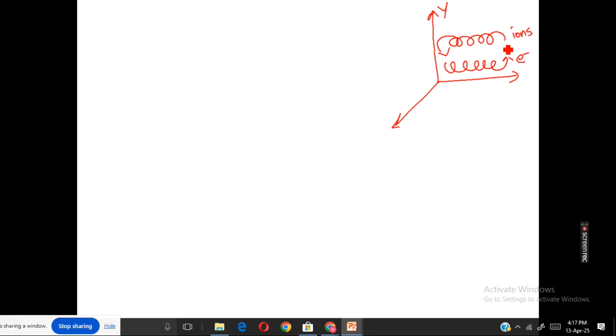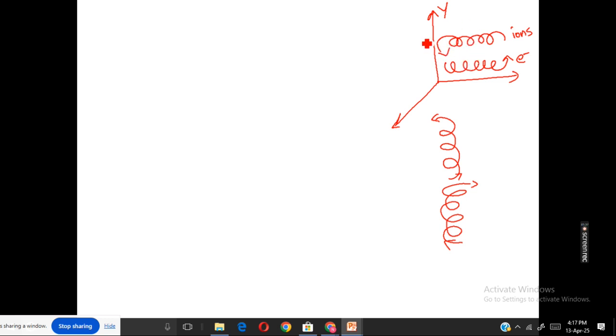Earlier when we were considering a homogeneous magnetic field, the helical motion was along the y direction, and the only change between electrons and ions was that in case of ions the direction of gyration was towards the right, and in case of electrons it was towards the left. But in this case there is a charge separation that is happening. That is, the electrons are moving in the positive x direction, whereas the ions are moving in the negative x direction.